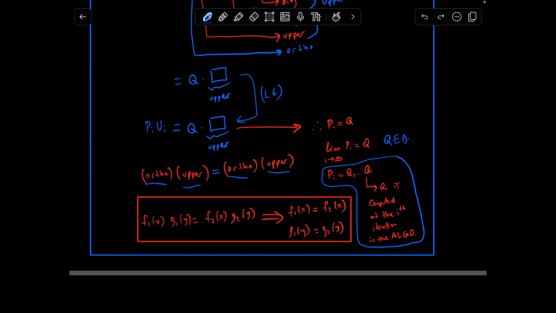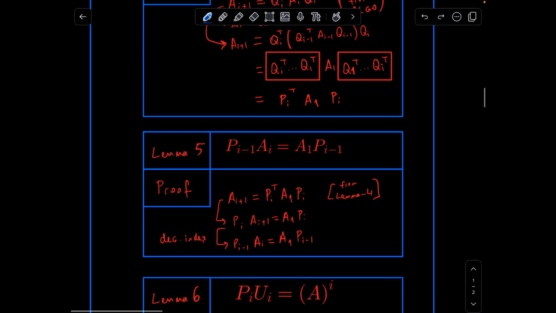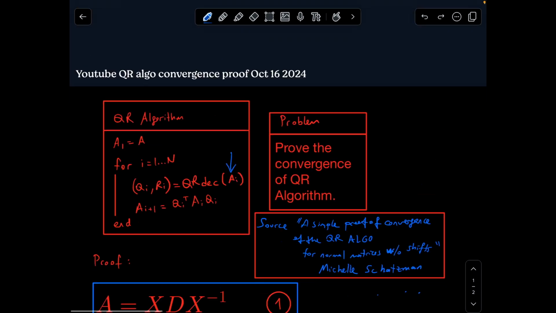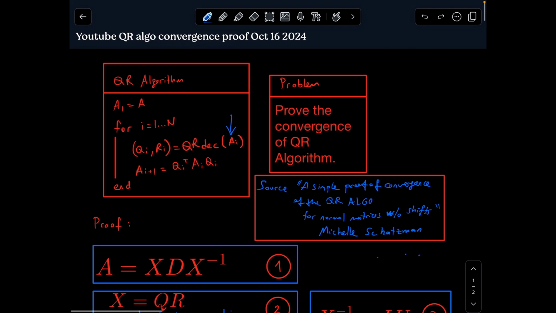Let's go to the definition of the algorithm: in each iteration we are conducting this similarity transformation. And looking at the proof, this term A_i is going to have the shape of some type of triangular matrix.